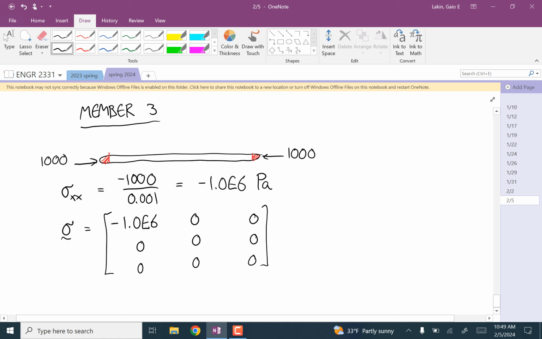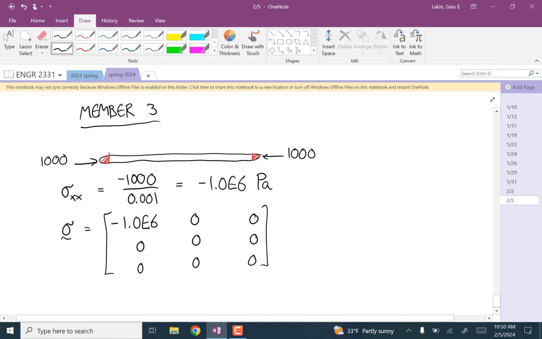One thing about these uniaxial loading problems, where everything's just in pure tension or pure compression: notice that the stress tensor you get out of it is already a principal stress tensor. So if a question asks you to calculate the maximum shear stress, how would you do that?